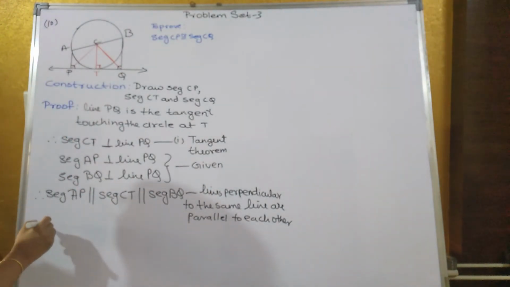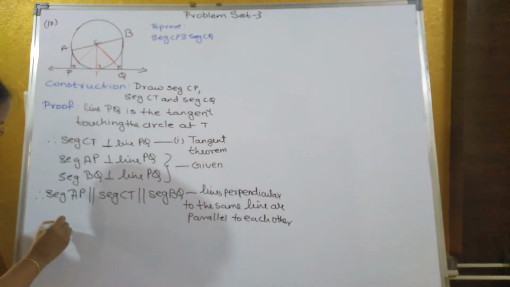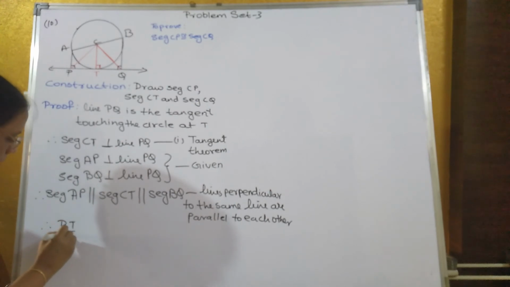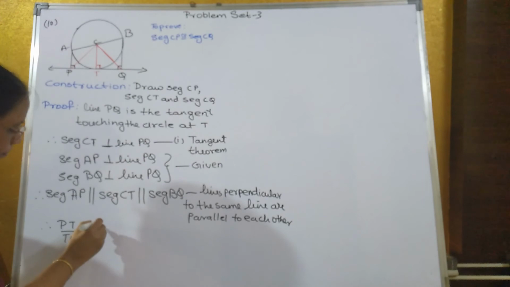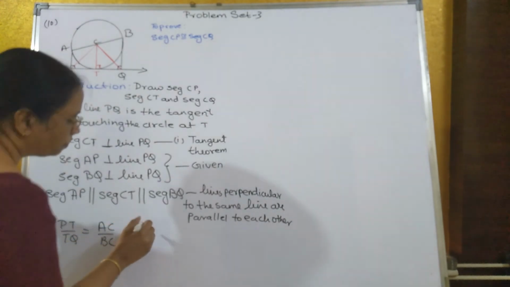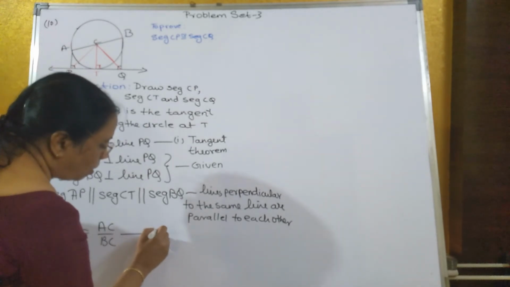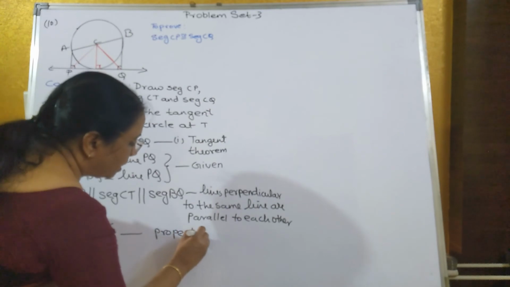Therefore, PT upon TQ is equal to AC upon BC. What is the reason? Property of three parallel lines and their transversal, which we had studied in the first lesson.